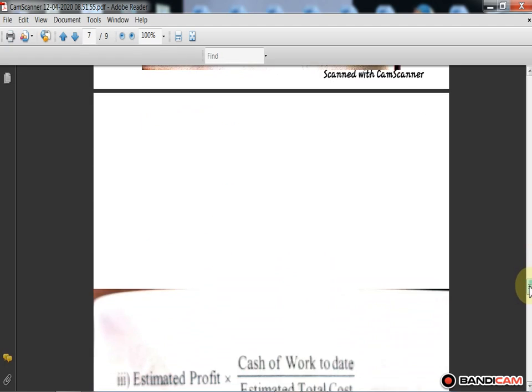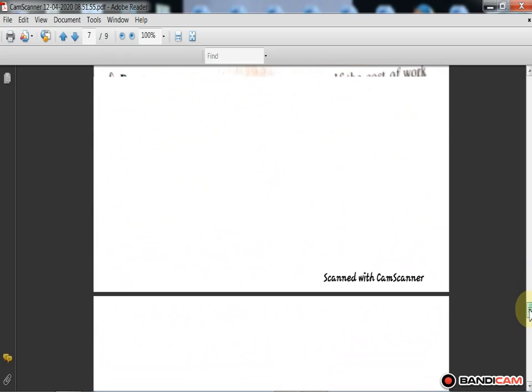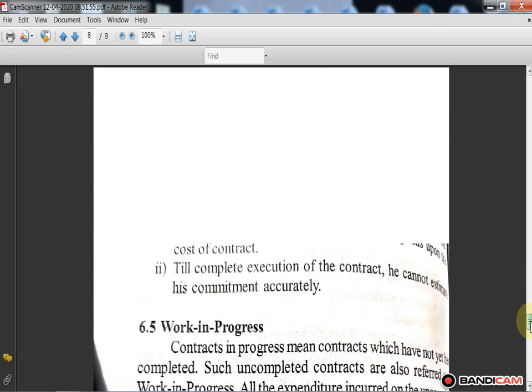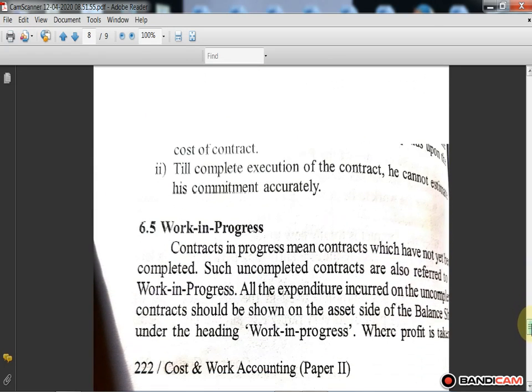And the last one is work in progress. So work in progress is important. What is meant by work in progress? Work in progress means contracts in progress, contracts which have not yet been completed.